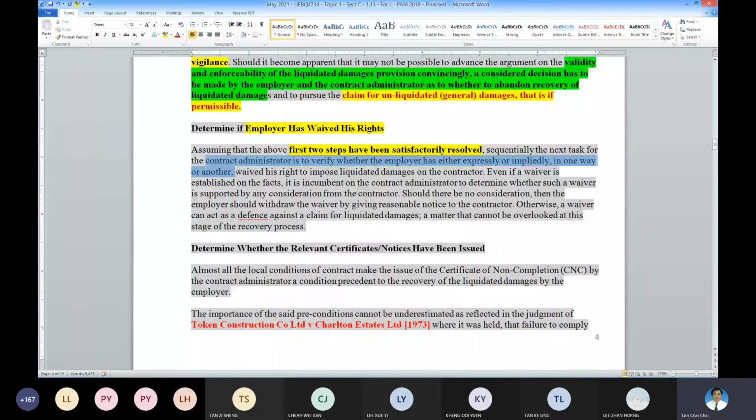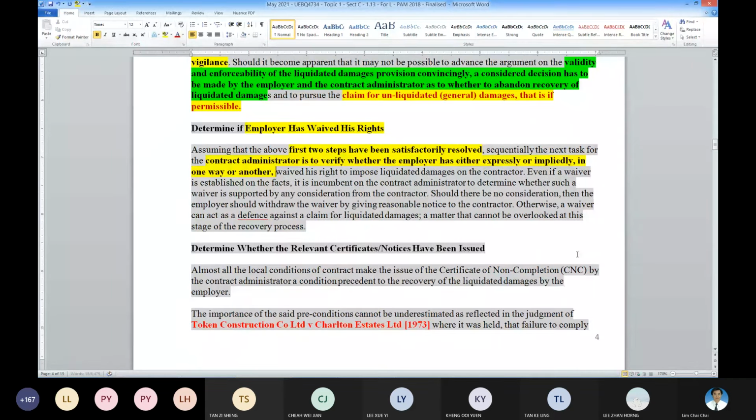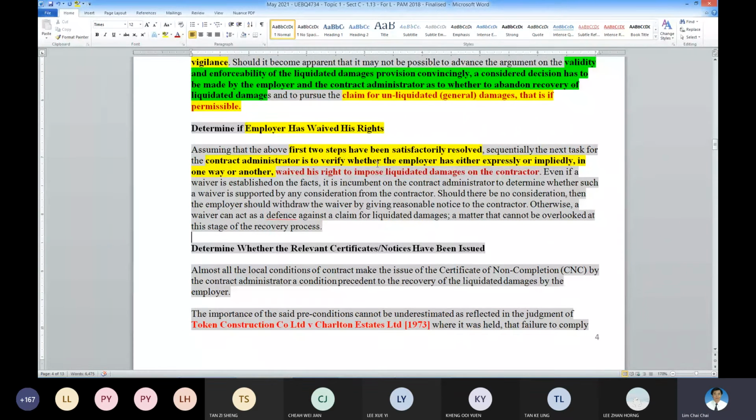whether the employer is going to deduct or not, or sometimes waive the right. So all depends. It's up to the employer. Verify whether the employer wants to impose LD or sometimes waive the LD imposition to the contractor.